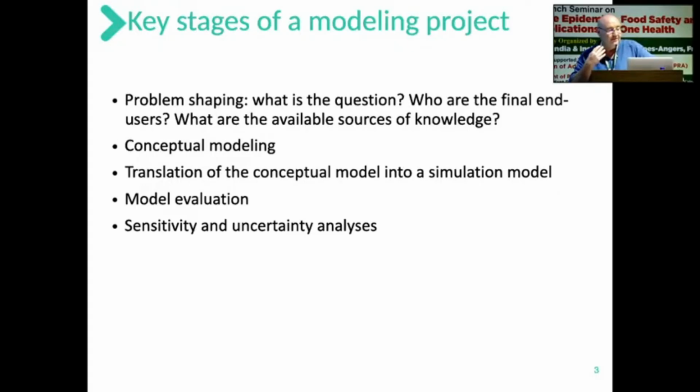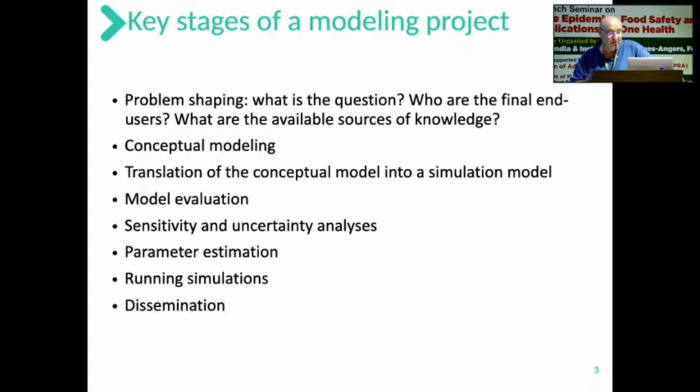So it's to perform sensitivity and uncertainty analysis in order to understand what is the impact of the uncertainty of your input variables and what are the most important parameters in your model. Then you can re-estimate or estimate the parameters of the model. Then you can launch and run simulations. And then once you're happy with your model, you can disseminate and share it.